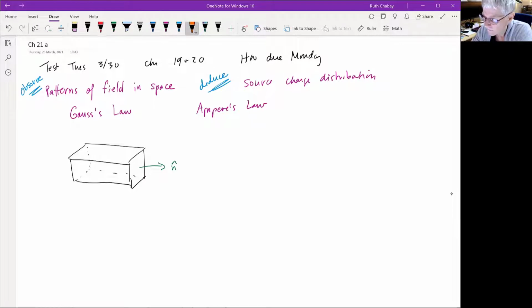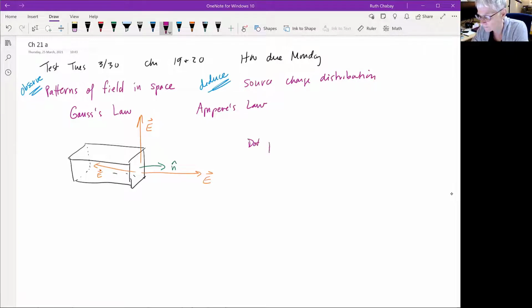And if we measure electric field here, we want that to come out to a positive number, and it should be bigger if the magnitude of the field is bigger. That should be 0, and that should be a negative number, and it should be bigger if the field is bigger. And that actually looks like a dot product.